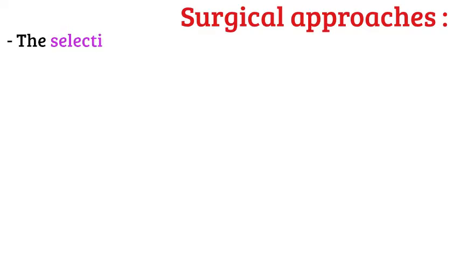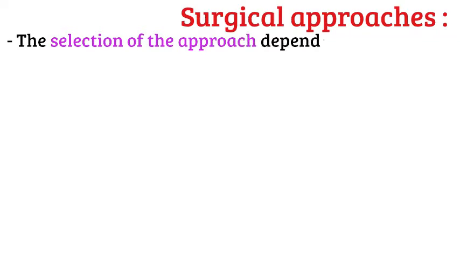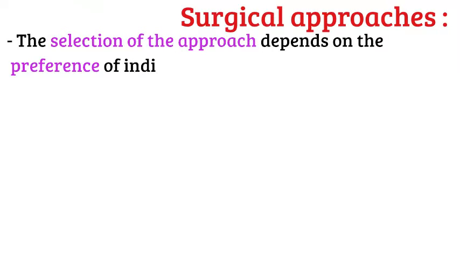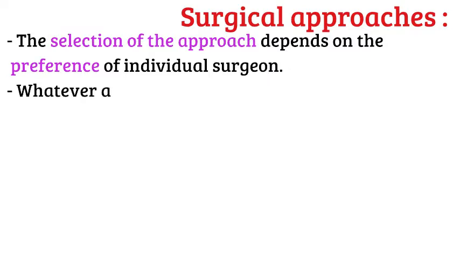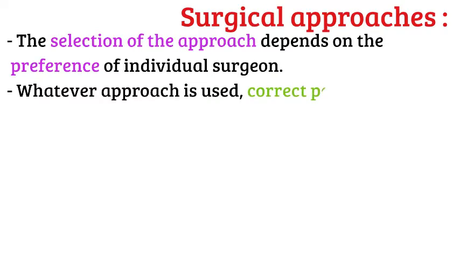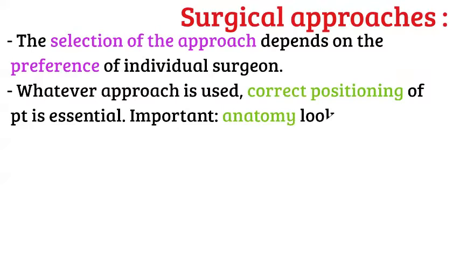The surgical approach. There are several surgical approaches to the hip which may be used to insert a total hip arthroplasty. The approaches utilized may be anterior, lateral, or posterior. The selection of the approach most often depends upon the preference of the individual surgeon.